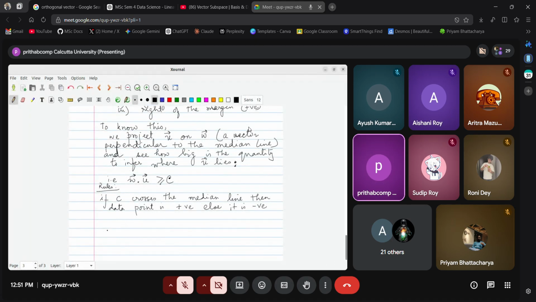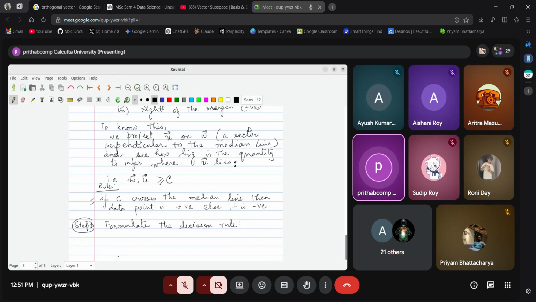Now let's go step by step for the formulation of the problem. So what is step one? We formulate the decision rule. The decision rule is nothing but what we have just said over here.